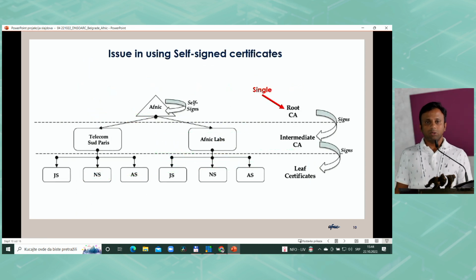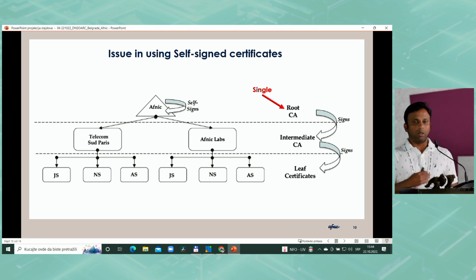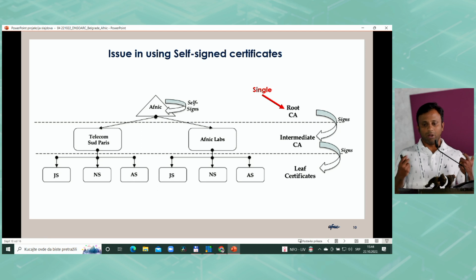We had 2 experimental setups, one with a university called Telecom Paris, and one at AFNIC Labs. We wanted to test roaming here. If we have different root CAs for Telecom Paris and AFNIC Labs, they will not be able to understand each other, because there is no common authority to validate that.